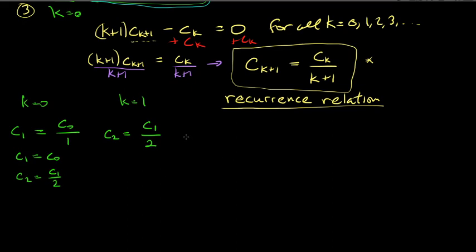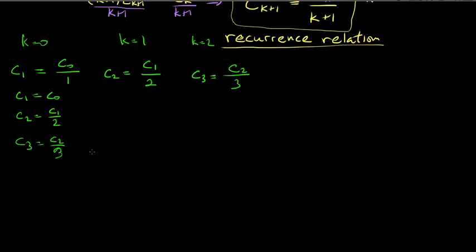Let's do one more. Let's go on to k equals 2. So that tells me that c3, since 2 plus 1 is 3, is equal to ck, which is c2, divided by 2 plus 1, which is 3. So my c3 is c2 divided by 3. And I think you see the pattern here. My c4 should be c3 divided by 4, and so on.